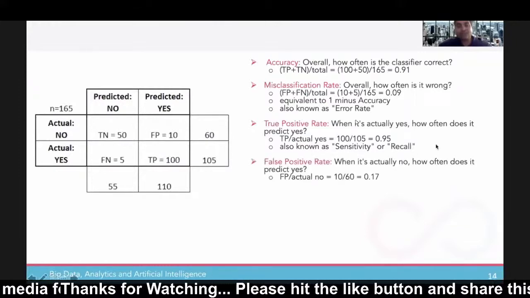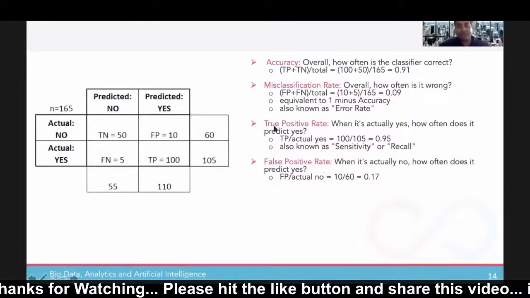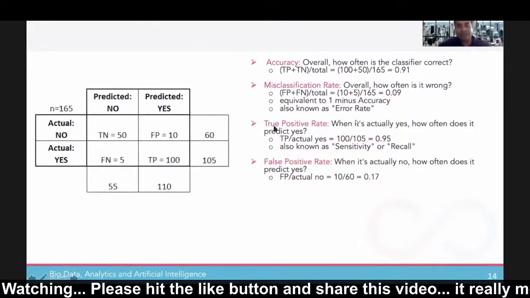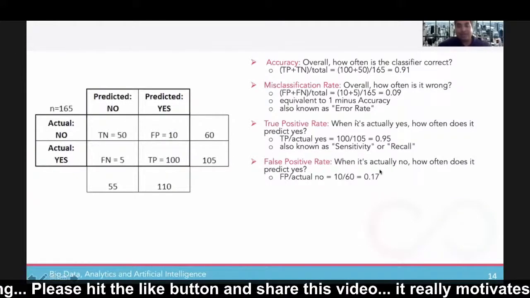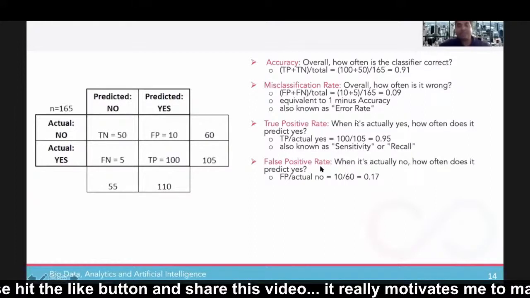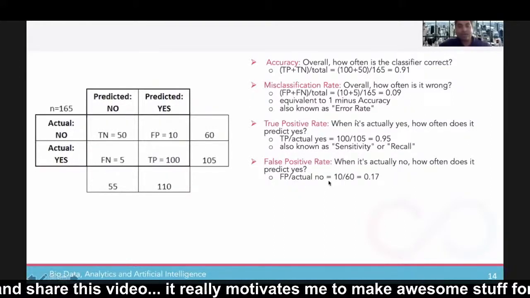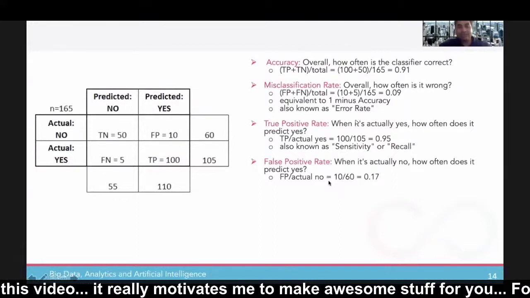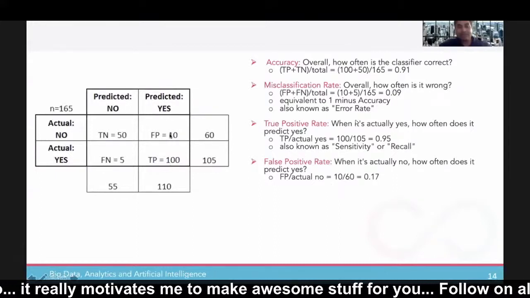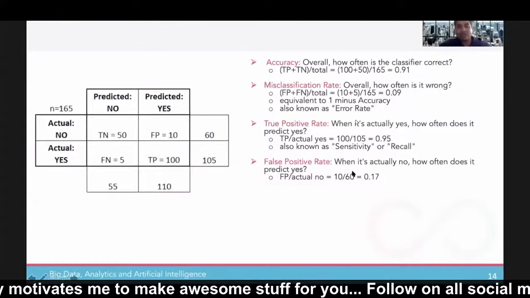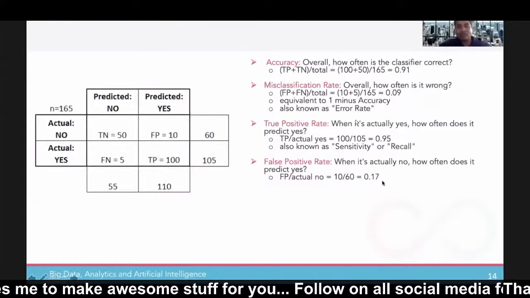Now the false positive rate: when it is actually no, how often does it predict yes? So false positive divided by actual no, which is 10 by 60, so this is 0.17.